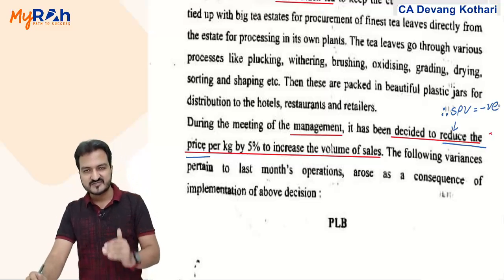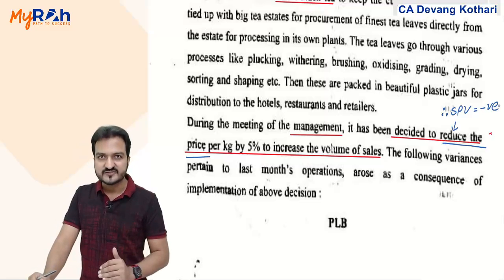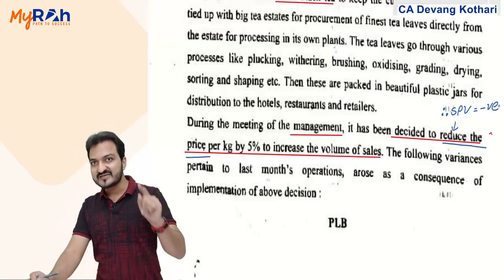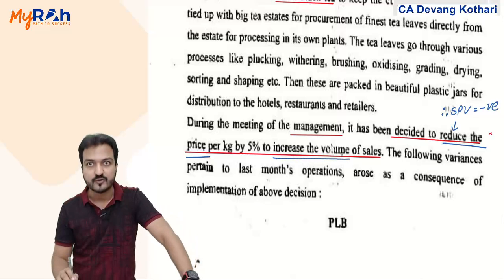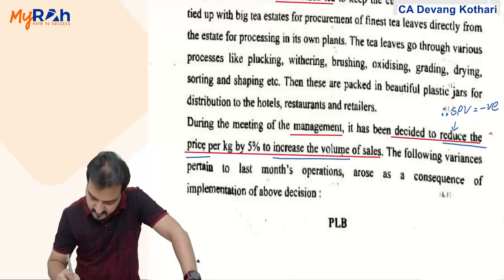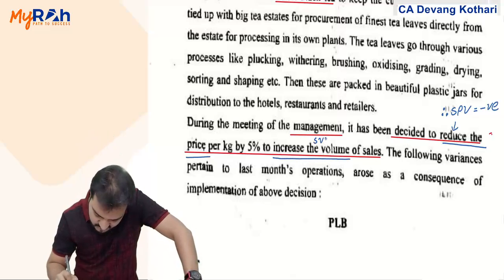Because if they charge lesser price, then to that extent sales will decrease. But because of lesser price, they expect to have increase in volume. So therefore sales volume variance should come positive.